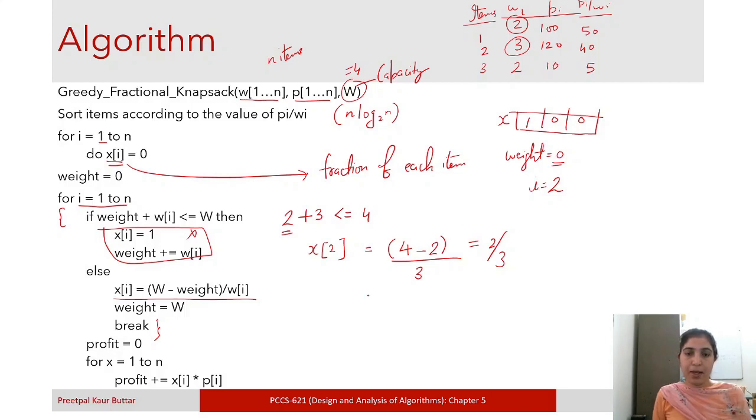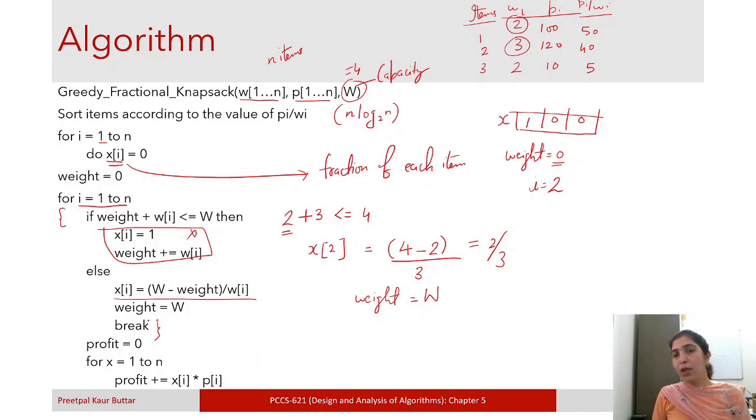And we have decided the fraction. Now, by picking 2 by 3 of this item, the capacity of the knapsack will become full. So now we can simply say the weight of the knapsack becomes equal to the capacity of the knapsack.